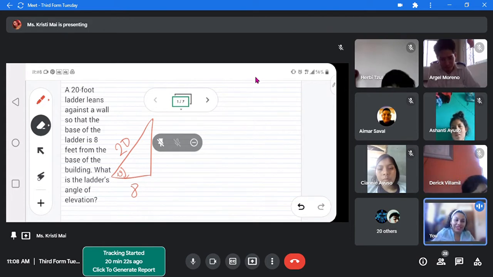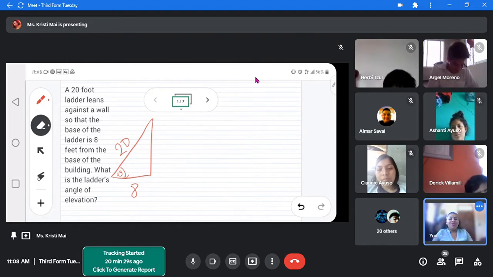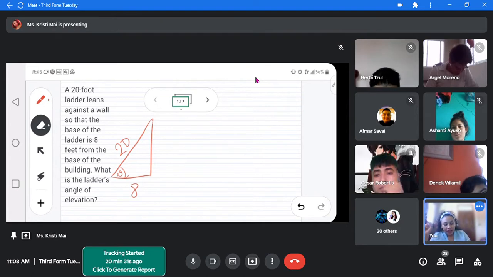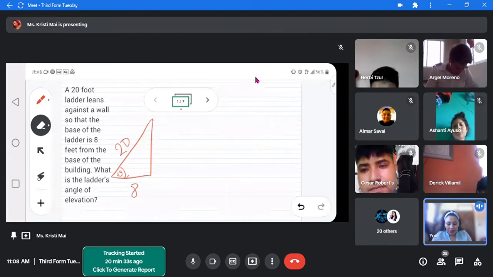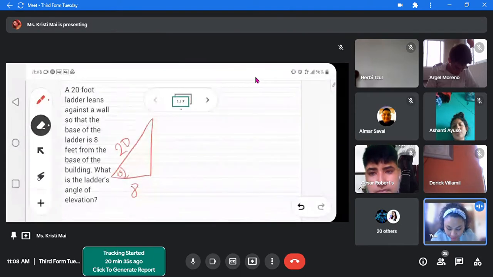Just for the purpose of my recording, because I forgot to record when I explained all of the drawing, I'm just going to explain again. A 20-foot ladder leans against a wall so that the base of the ladder is 8 feet from the base of the building.